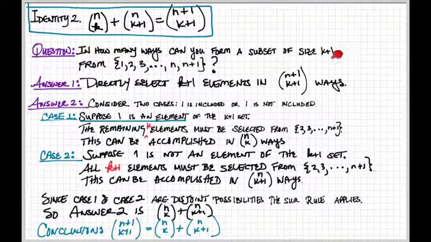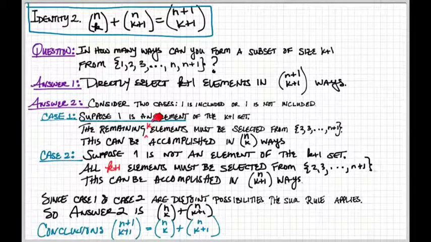Answer 2 is a little bit more complicated, and it's going to be broken down into 2 cases. Pick your favorite element from the set. My favorite element is the number 1. And break the cases down based on whether 1 is included in the subset or not. If in case 1, 1 is included as an element of the set, then we have to pick the remaining elements in the k plus 1 subset.